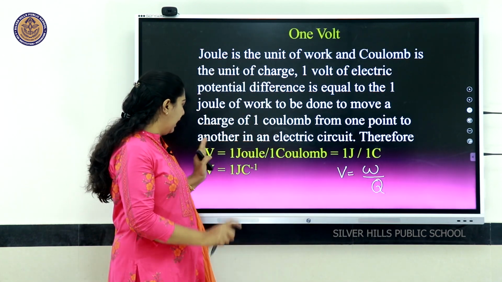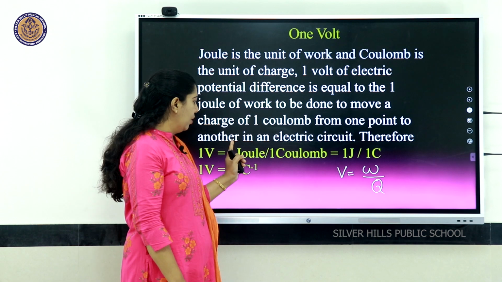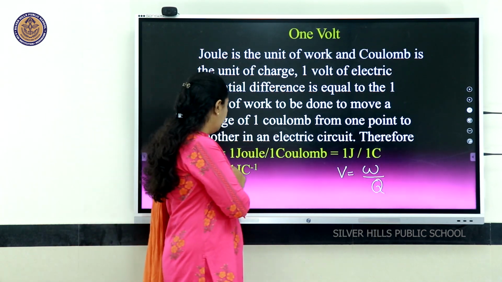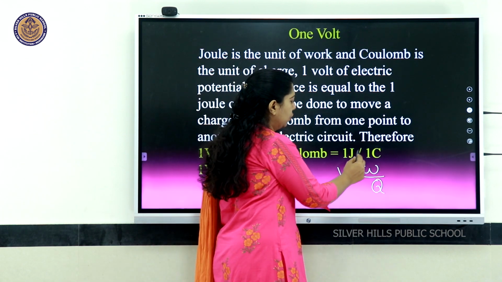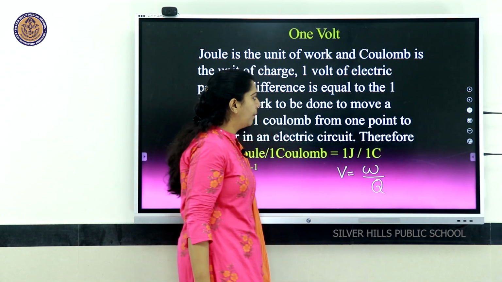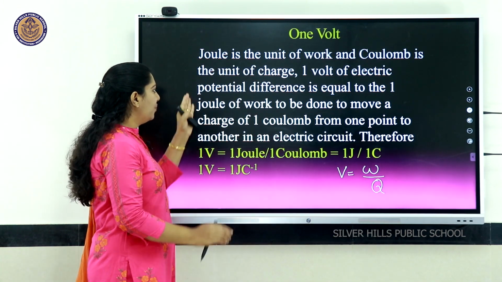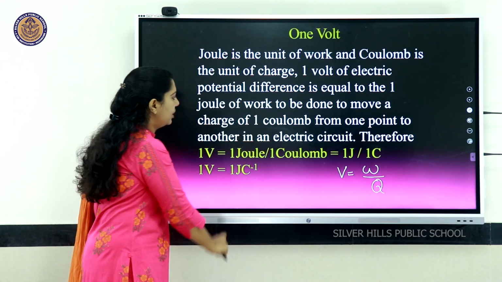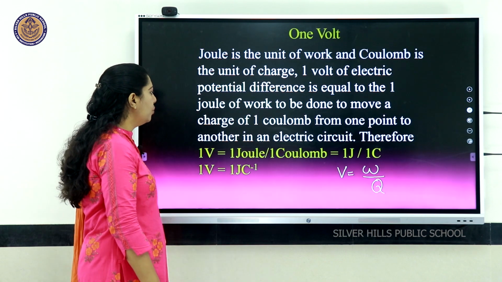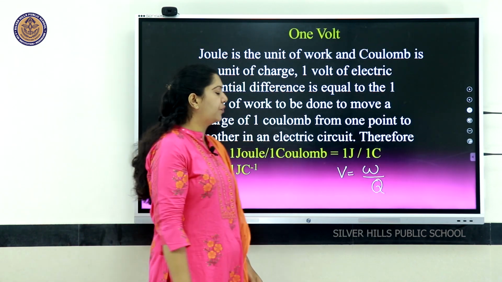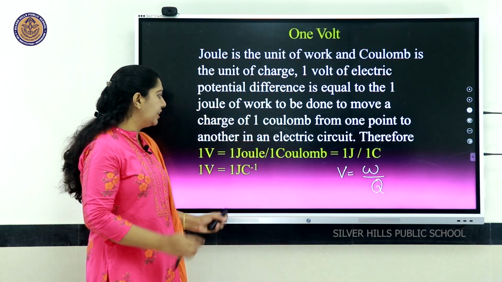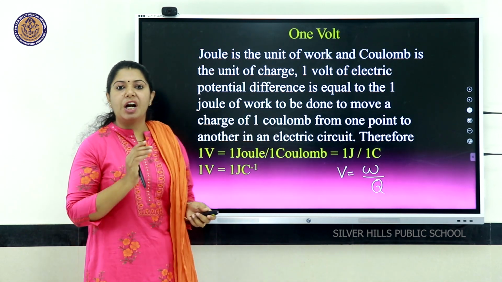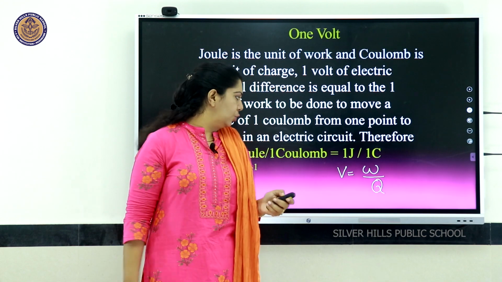So we can say 1 volt is equal to 1 joule divided by 1 coulomb. That means 1 volt of electric potential difference is equal to 1 joule of work to be done to move a charge of 1 coulomb from one point to another in an electric circuit. 1 volt is equal to 1 joule divided by 1 coulomb.